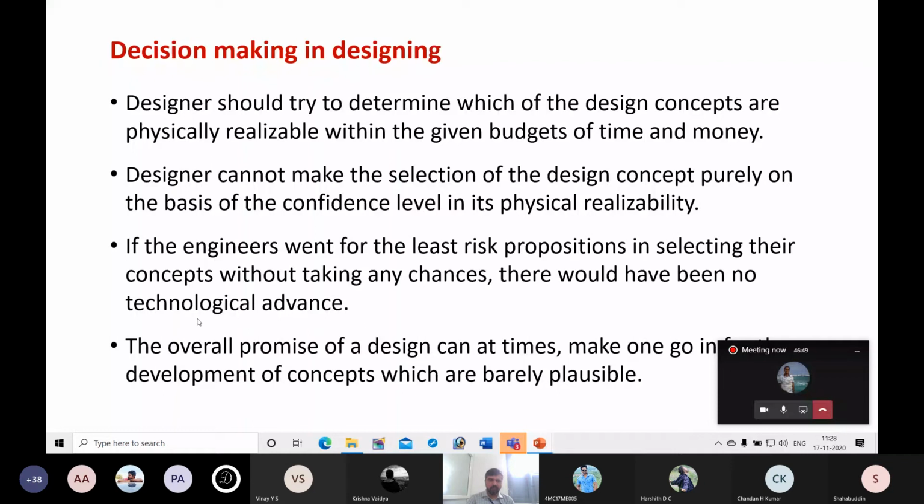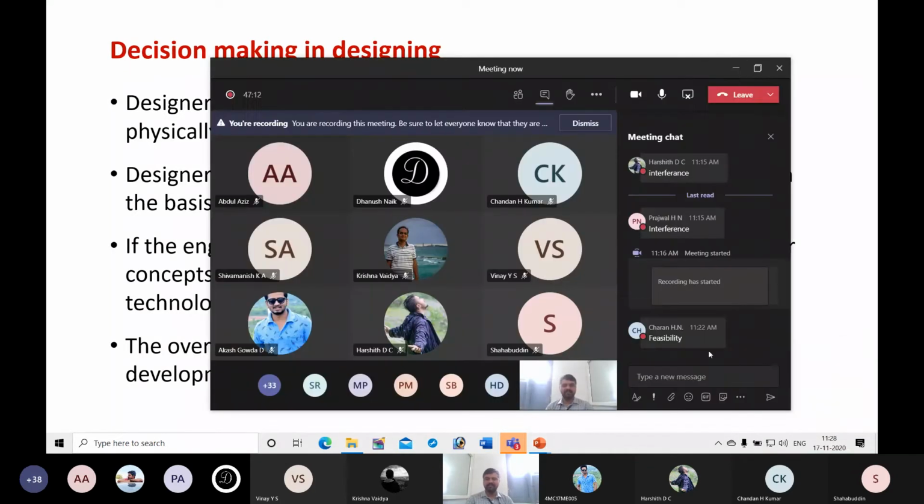Next, the overall promise of a design can at times make one go for development of concepts which are barely plausible. Barely plausible means it may not be feasible. It may be difficult to realize those products. Also, if it is a new innovative product, there are some advantages.